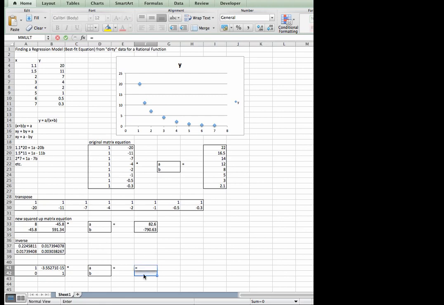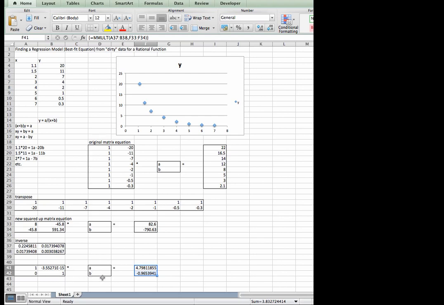So equals matrix multiplication, the inverse times, comma, the constant, and hit Control Shift Enter.